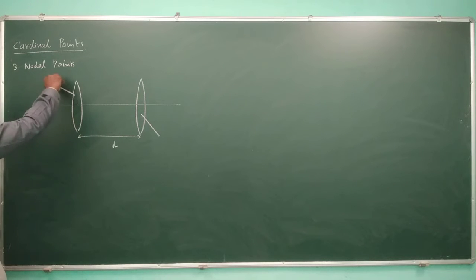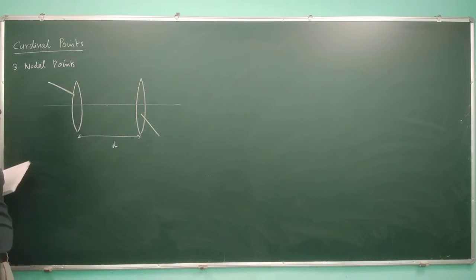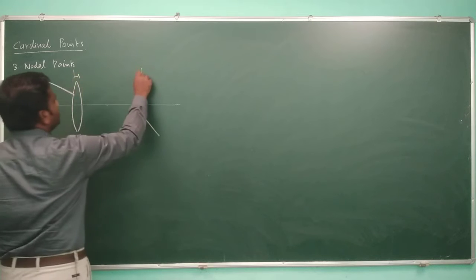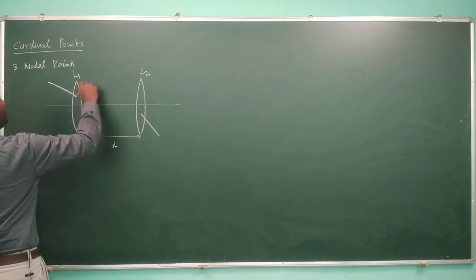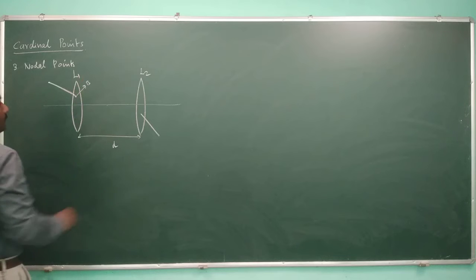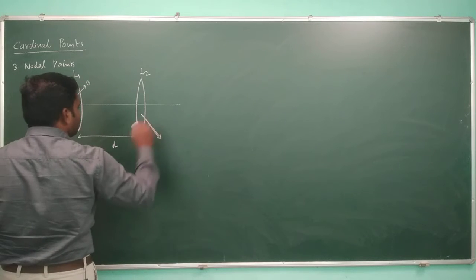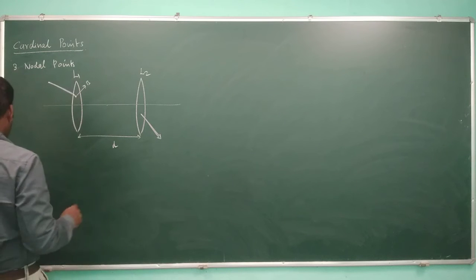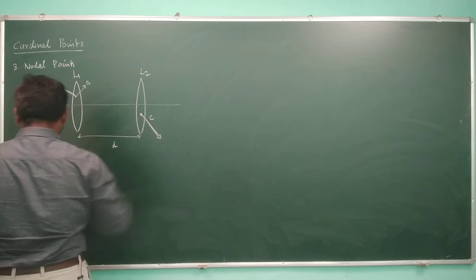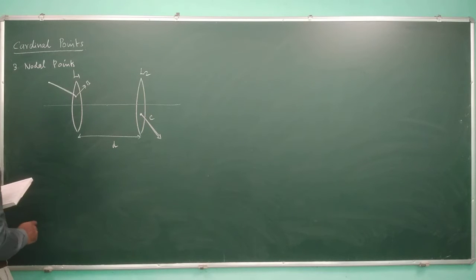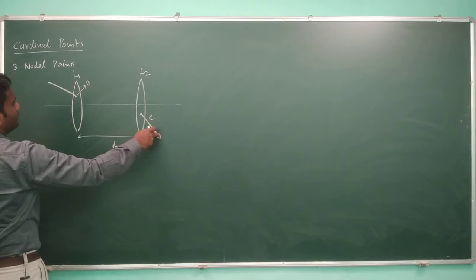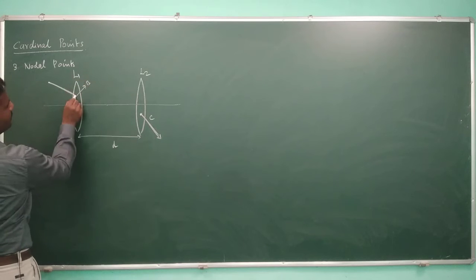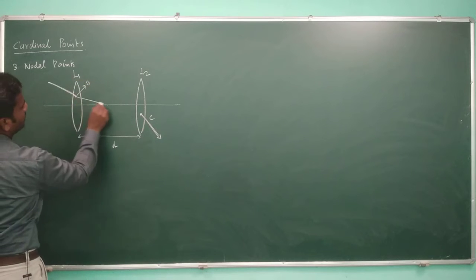A light ray getting incident on lens 1 at the point B will emerge out of lens 2 at point C. This ray and this ray are parallel, so what would happen is that it will travel like this.